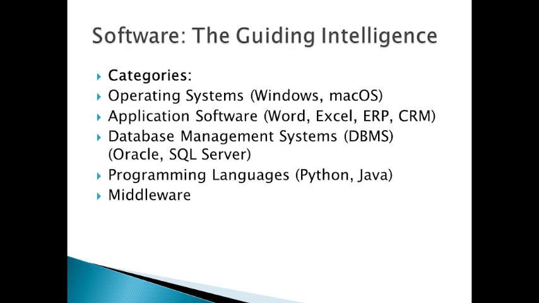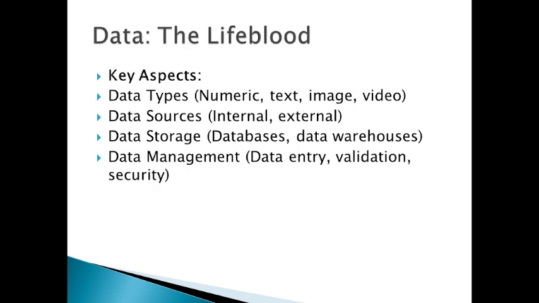Now let's look at the third component, data. Now, data represents raw facts, figures, and symbols that the information system collects, stores, and processes. It's the raw material that's transformed into useful information.